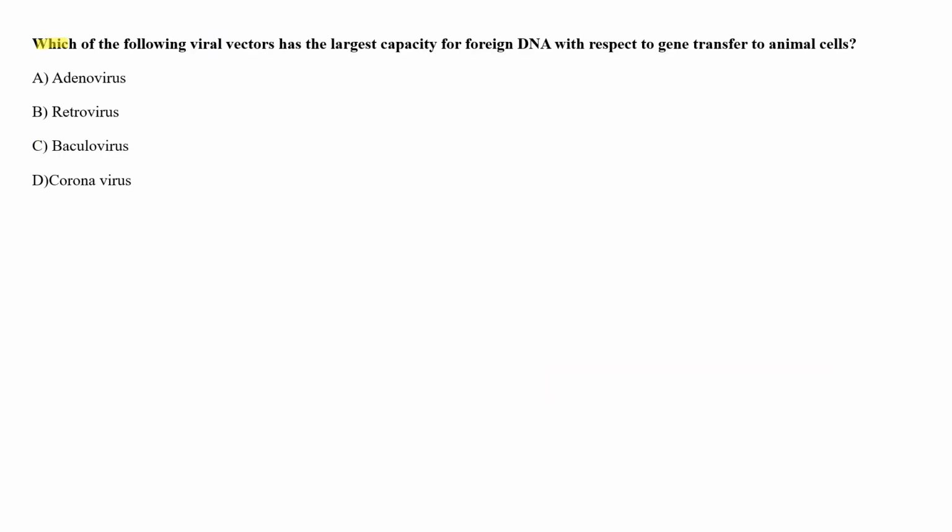Now, which one of the following viral vector has the large capacity for foreign DNA with respect to gene transfer to animal cells? Option number A, adenovirus, B, retrovirus, C, baculovirus and D, coronavirus. So, the correct one is adenoviruses.